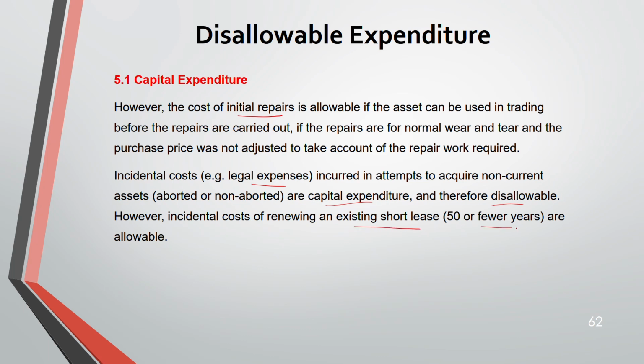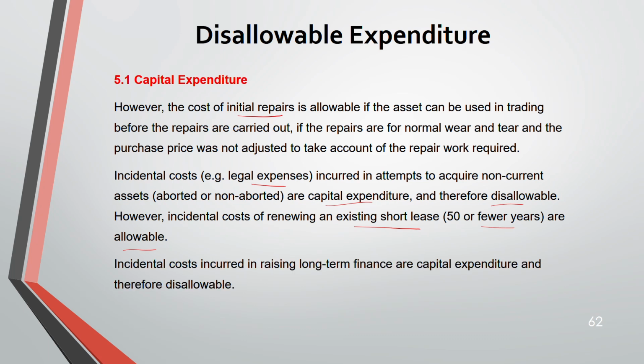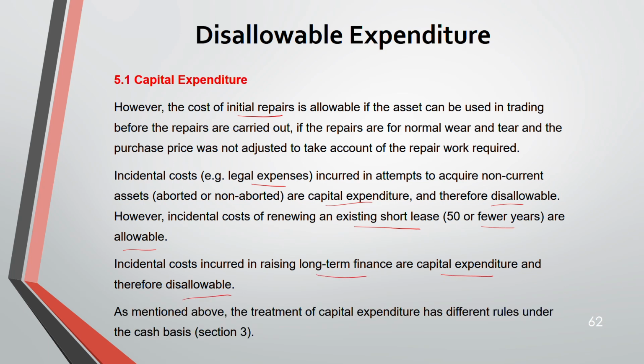Short lease means 50 years or less. The cost incurred to renew an existing short lease is allowable. Incidental costs incurred in raising long-term finance are capital and they are disallowable. So as mentioned above, treatment of capital expenditures has different rules under cash basis.